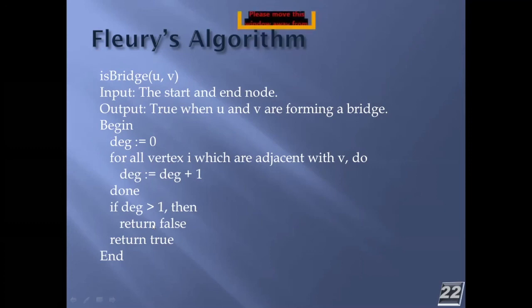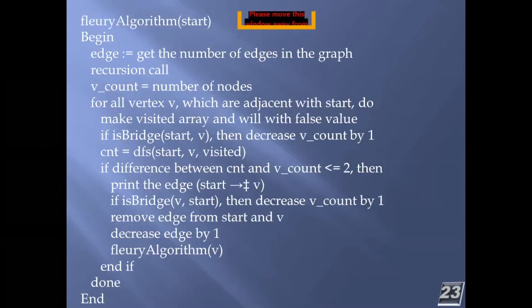Now the Fleury algorithm function contains a parameter, which is the starting vertex. This starting vertex I found from the findStartVert function, which I already described. This Fleury algorithm function will display the Euler path. Firstly, I declare a variable for edges. If there are n nodes, then the number of edges would be n minus 1.